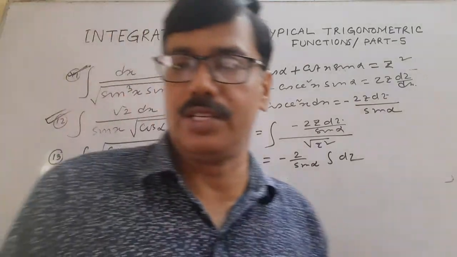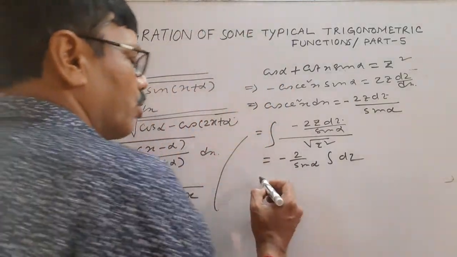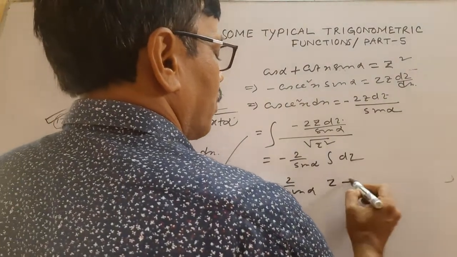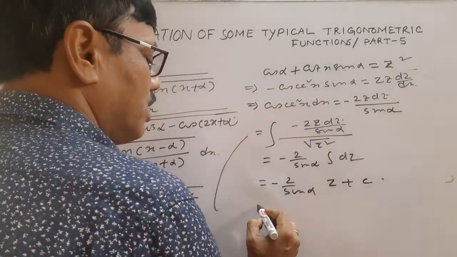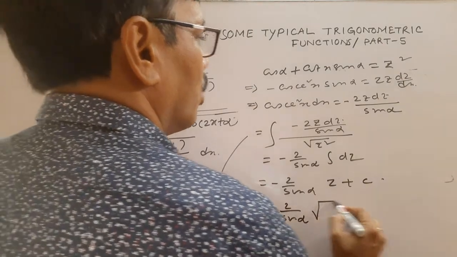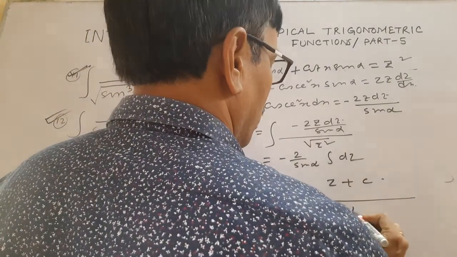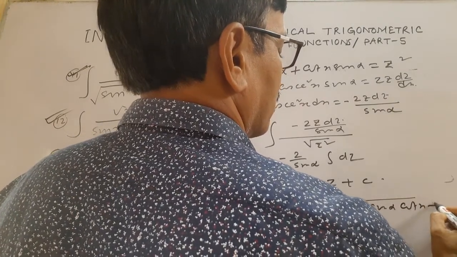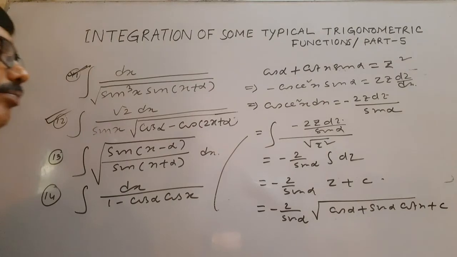So this one is standard form. So this is minus 2 by sin alpha into z plus c. So what is z? Minus 2 by sin alpha root over cos alpha plus sin alpha cot x plus c.